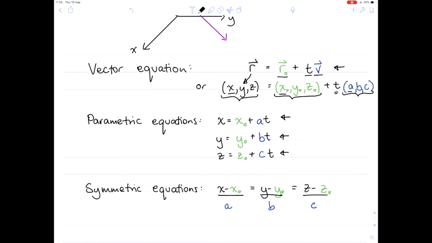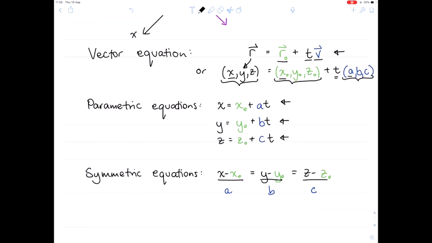And then for symmetric equations, we just have a slightly different looking thing. We have 2 equalities, but again we are using x0, y0, and z0, and a, b, and c. So this is if a, b, and c are not equal to 0, and we saw how to deal with the case if a or b or c is equal to 0.